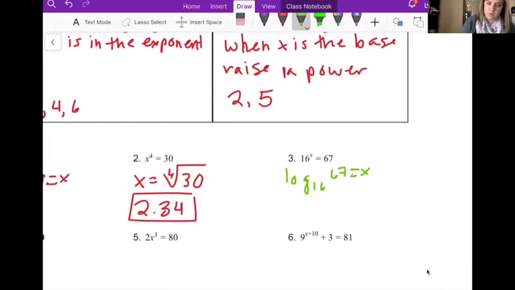And so this would be 1.51652222 and so on. So I'm going to round this to 1.52.